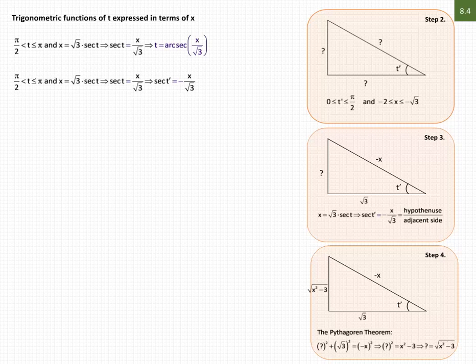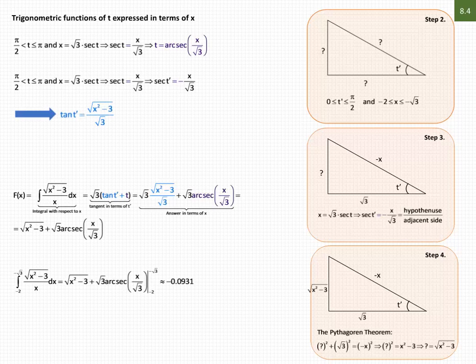Using the Pythagorean theorem, the opposite side becomes square root of x squared minus 3. With all the sides known, any trigonometric function of t prime can be expressed in terms of x.